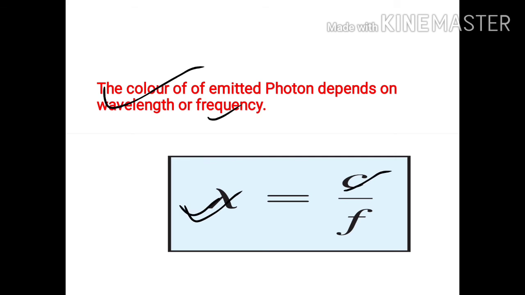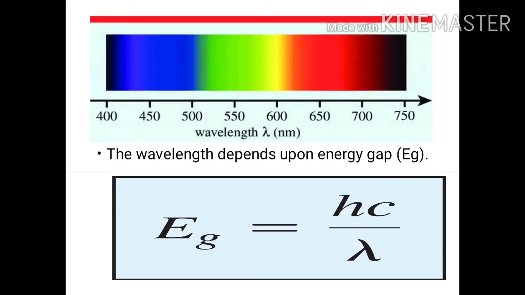This is the wavelength, this is the velocity of light, and this is the frequency of the emitted photons. You can see this is the visible spectrum range, from 400 nanometer to 750 nanometer. So the wavelength depends upon the energy band gap.